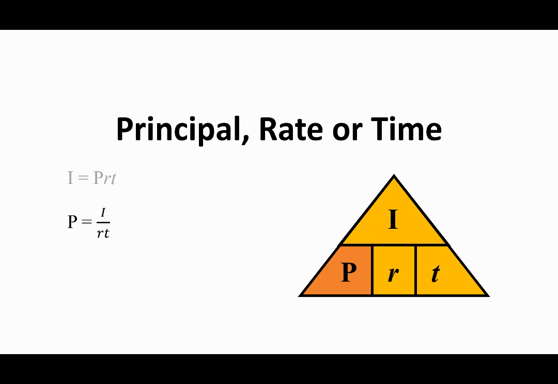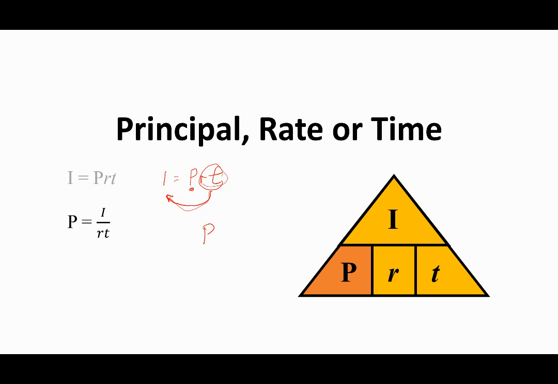And if you look at the algebra in there, if you started off with I equal PRT, and you wanted the P by itself, you're going to take these two and put them over there. And because you're multiplying on this side and you transport it over there, you end up dividing.